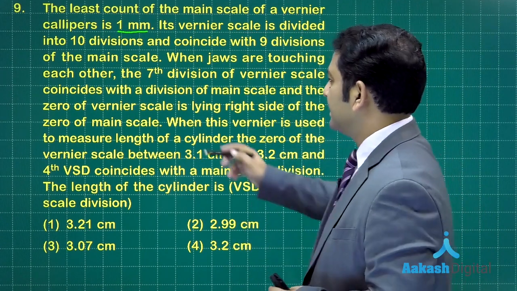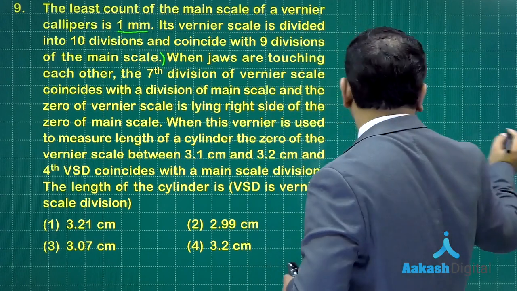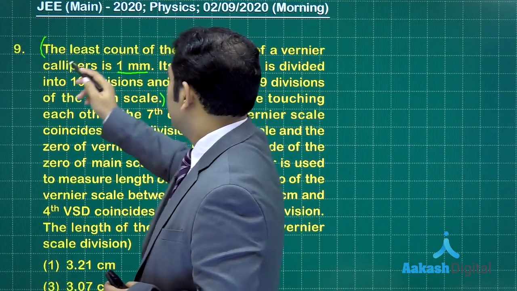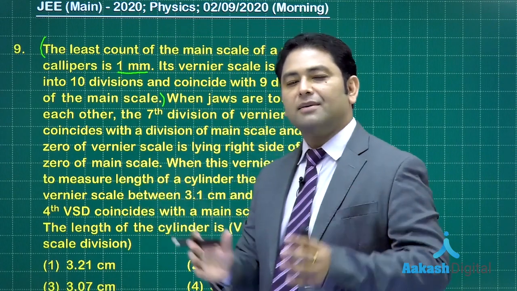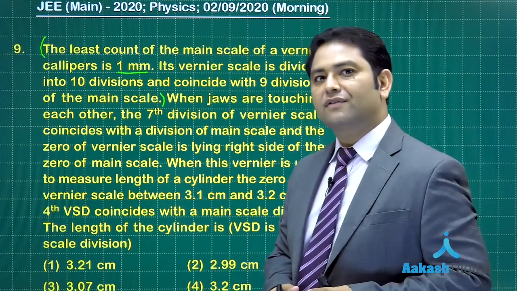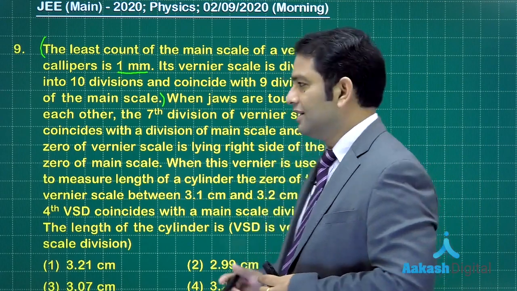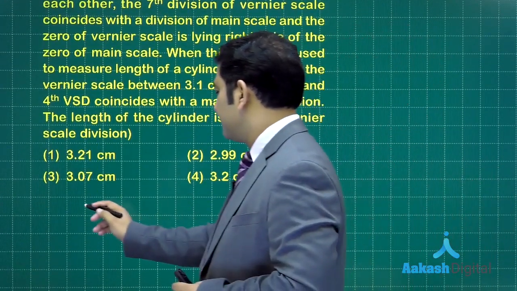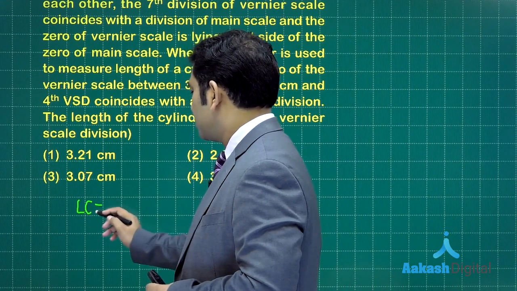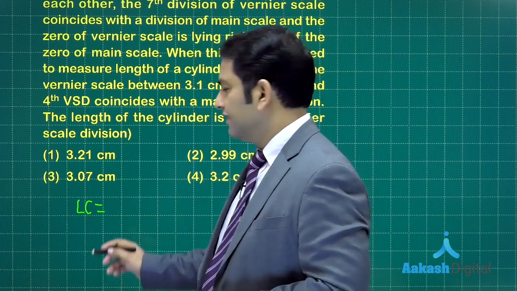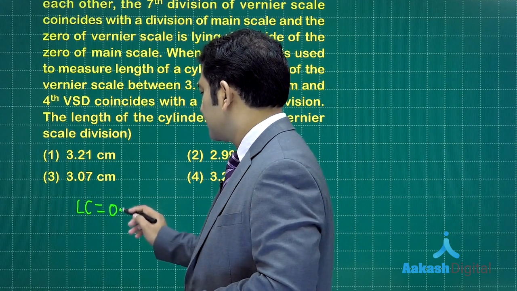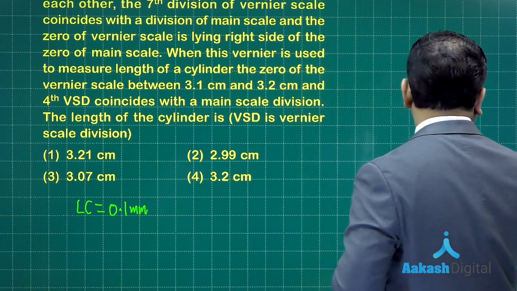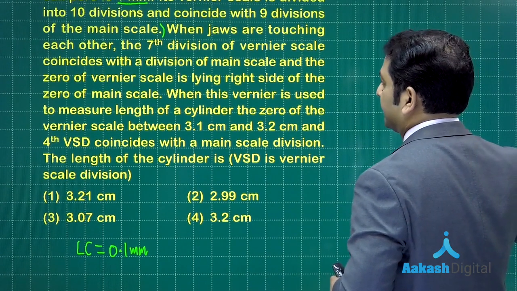So with the first data till this, let me just bifurcate the entire question. This segment allows you to compute the least count of the vernier caliper. As per the data here, the least count of the vernier caliper is going to be 1 millimeter by 10. That means that will be 0.1 millimeter. All right, now let's see what the second segment is.